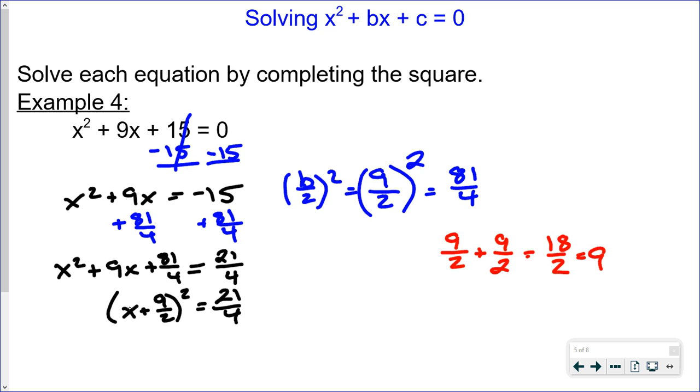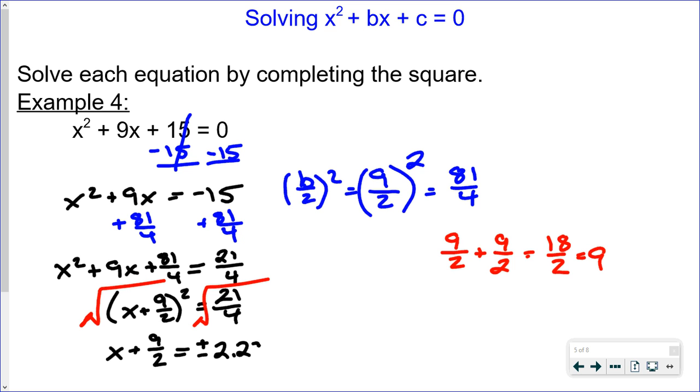So now we're going to take the square root of both sides. So now I have x plus 9 halves equals, take the square root of that. And again, I'm going to round this, and it rounds to 2.29, positive or negative.